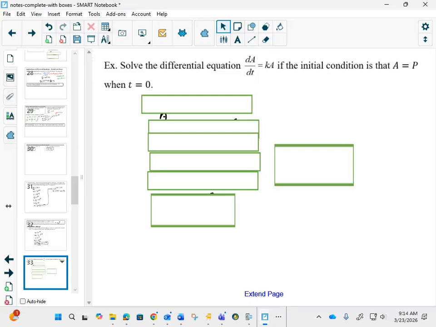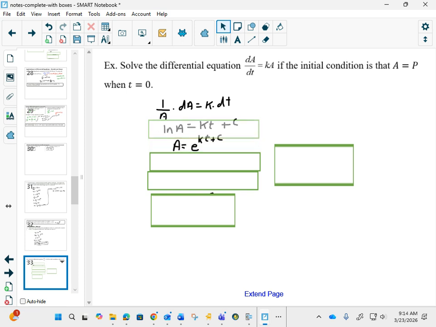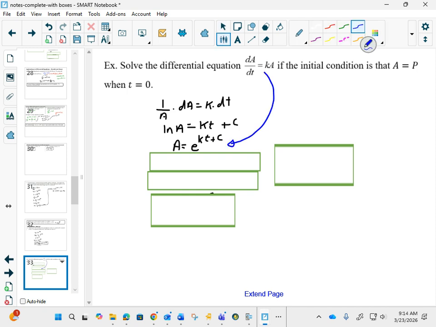So you have a differential equation and it is proportional to A, so you can do separation of variables, but you can go directly from this to this.